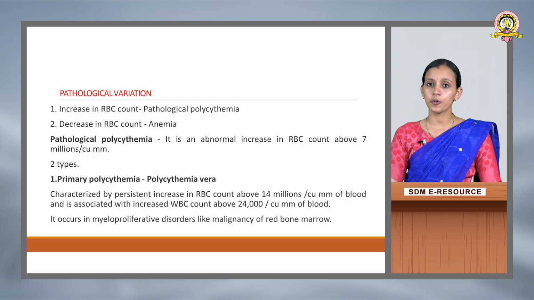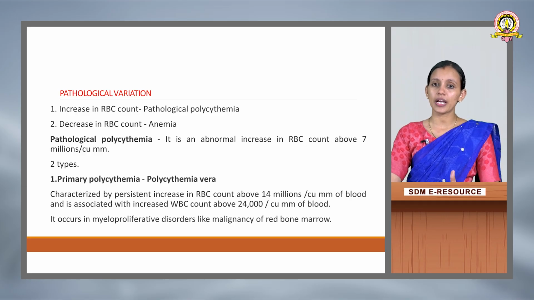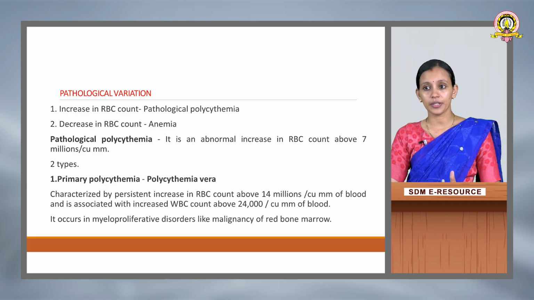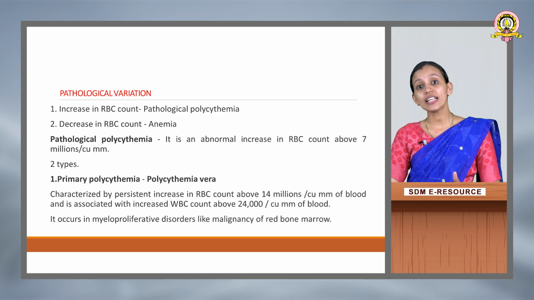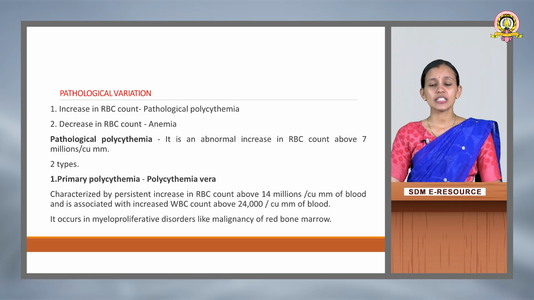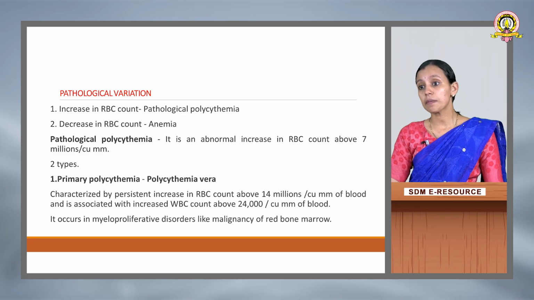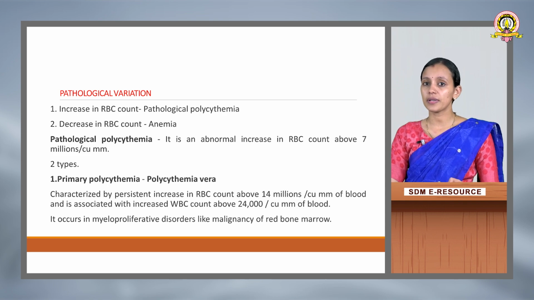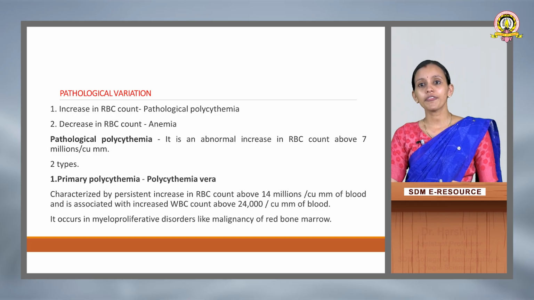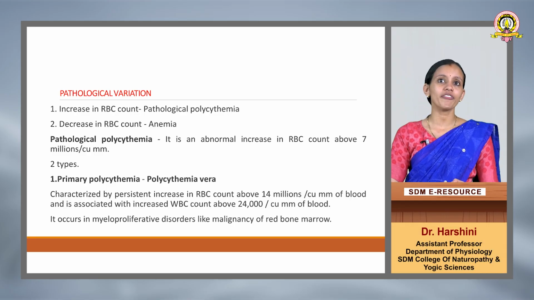Here again you have two types: primary polycythemia and secondary polycythemia. Primary polycythemia is also called polycythemia vera. Polycythemia vera is mainly characterized by a persistent increase in the RBC count above 14 millions per cubic mm of blood, and it is associated with an increased WBC count above 24,000 per cubic mm of blood.